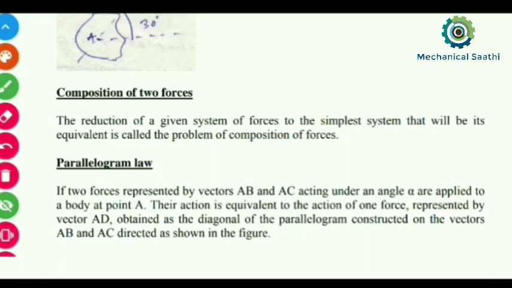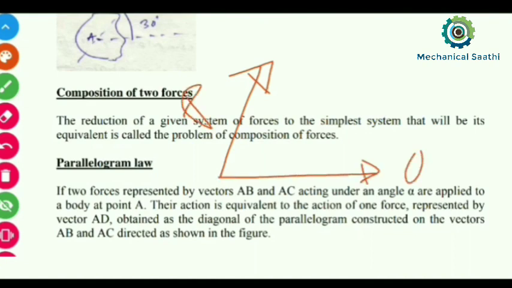So what does the parallelogram law say? Suppose there are two forces, let this be force P and this be force Q. This force has magnitude P, and this force has magnitude Q. They are placed at an angle, suppose this is theta, and they are coming from a single point.